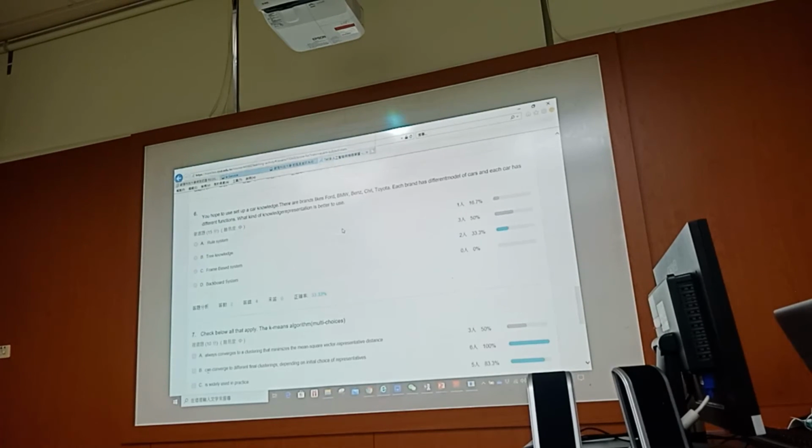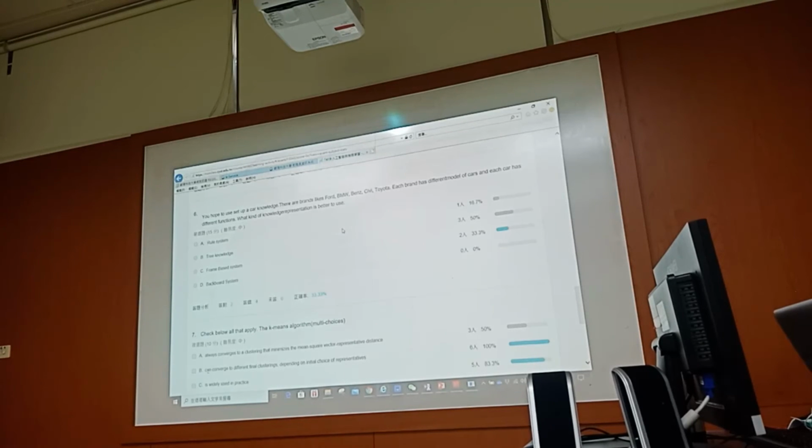And in this question more students are wrong. Now you hope to use car knowledge. There are brands like Ford, BMW, Benz, Civic, Toyota. Each brand has different models of car, and each car has different functions.